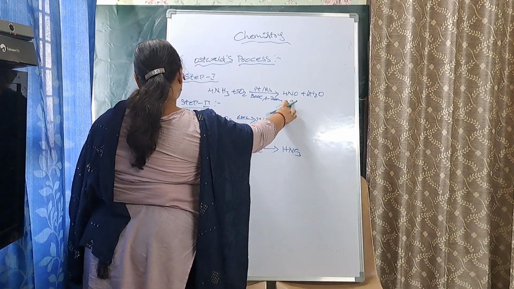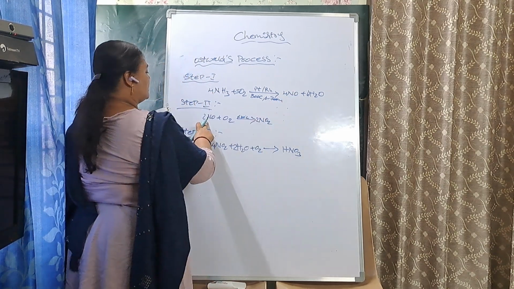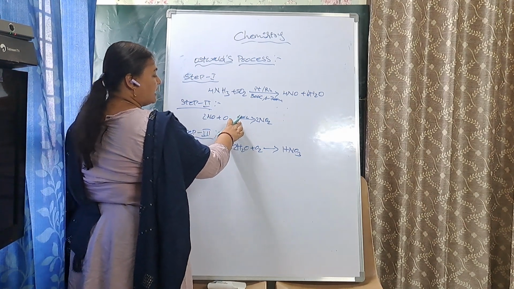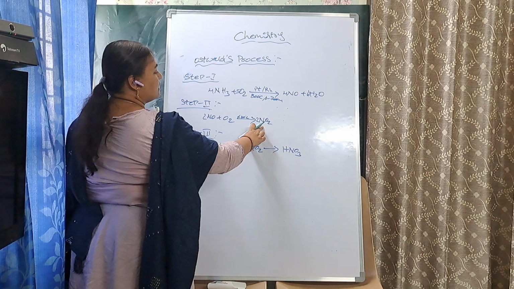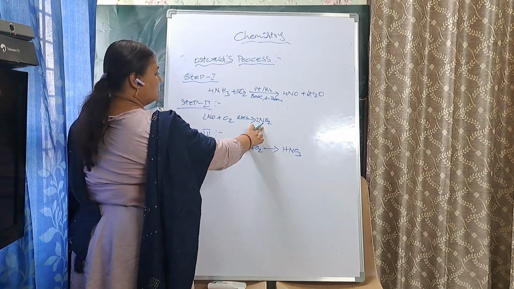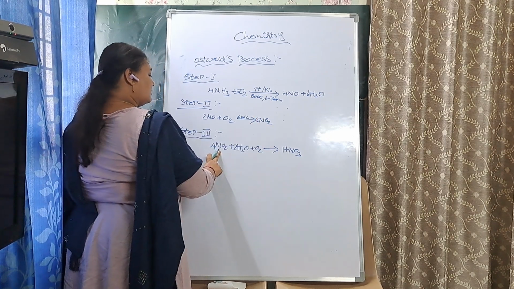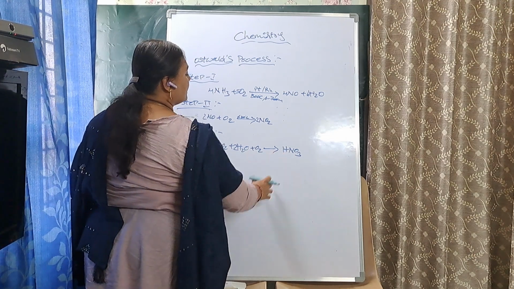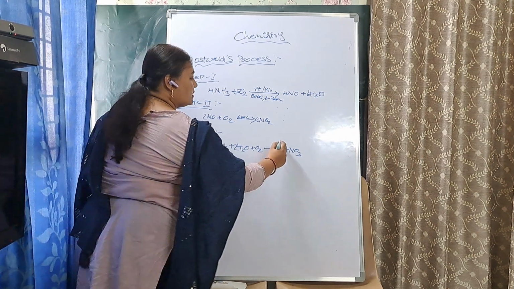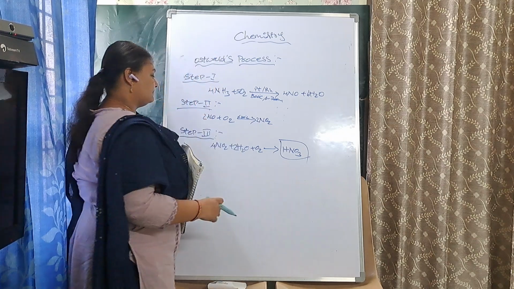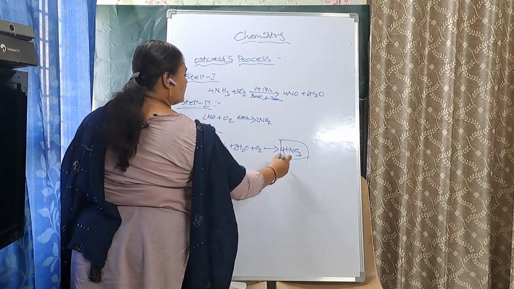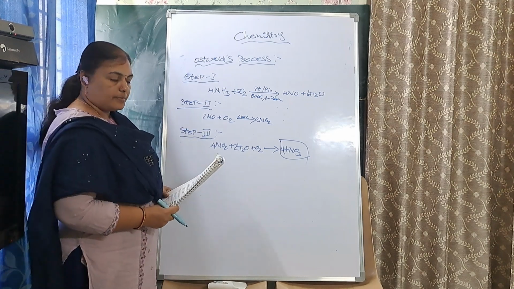Again this nitric oxide reacts with oxygen in the presence of less than 100 degrees centigrade, we get nitrogen dioxide. Again this nitrogen dioxide dissolves in water, we get nitric acid. So we want this nitric acid. This is nitric acid preparation.